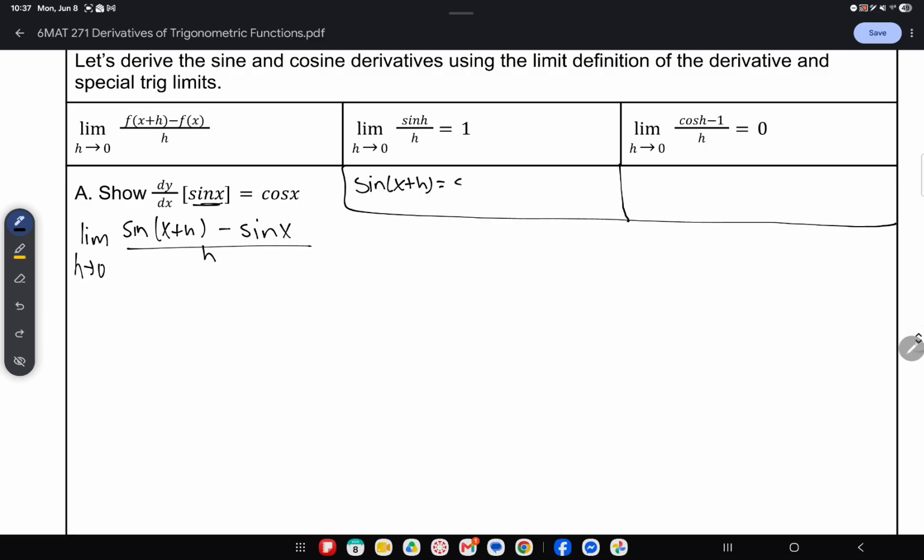So that is sine of x cosine of h plus cosine of x sine of h. And we'll probably, for the next one, need a cosine of x plus h. So I'll go ahead and give that here as well. So that's going to be cosine of x cosine of h minus sine of x sine of h.